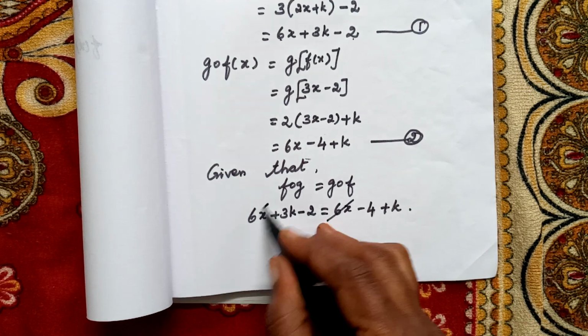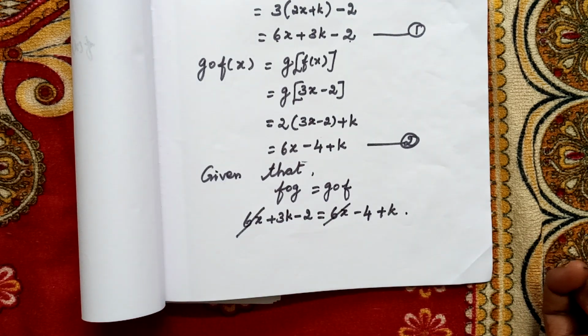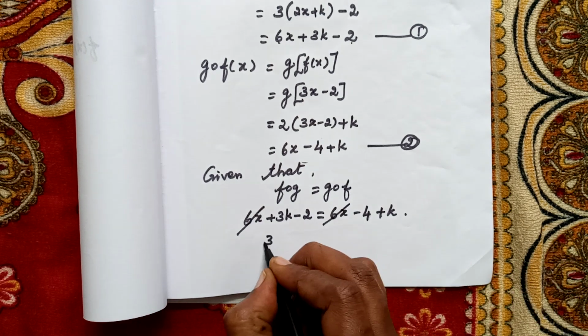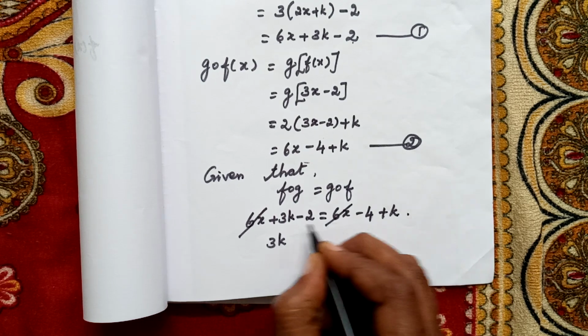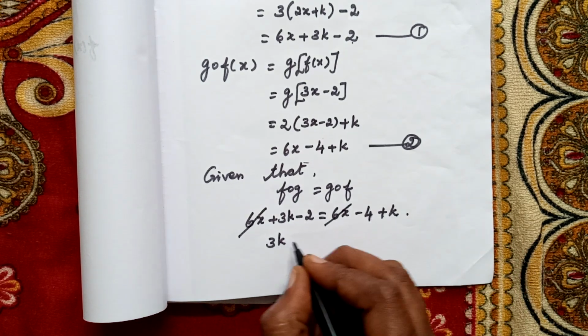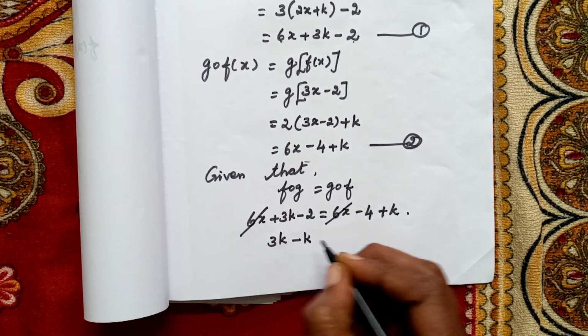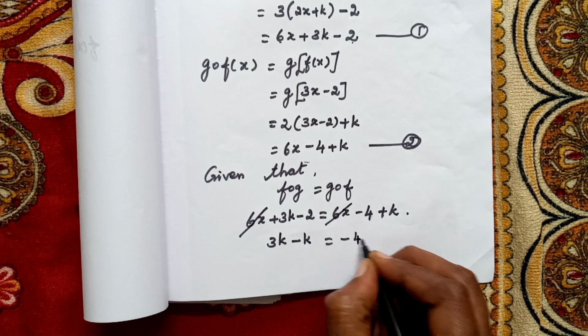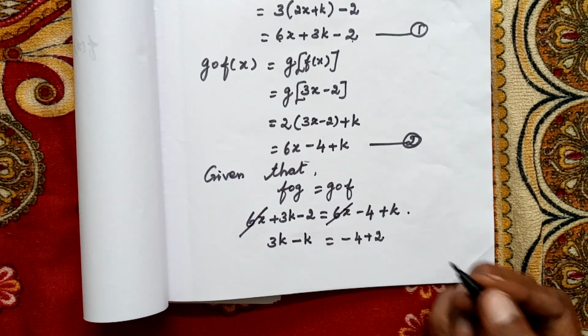On both sides, 6x will be cancelled. Next, 3k plus k, take this side, and minus 2 take that side. So k taken this side means minus k. 3k minus k is equal to minus 4 plus 2.